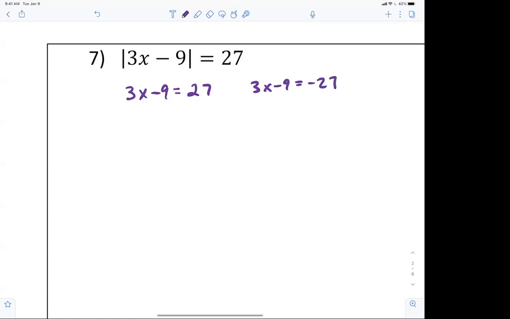Those of you guys who are listening, you write 27 and you write negative 27. Now, why is this annoying? Because every time there are how many equations? 2. All right, so how many problems are there on this paper? 36. So how many equations do you have to solve? 72.